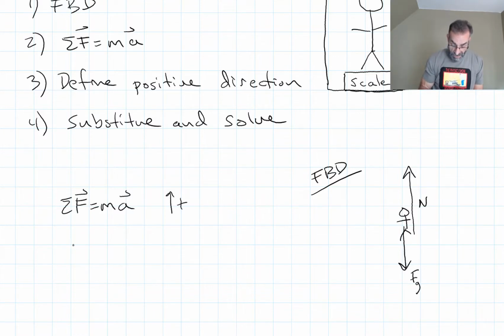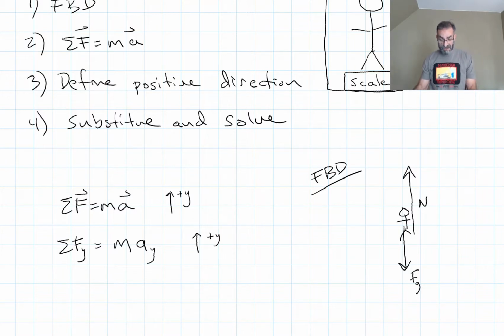We could call this our positive y direction, and I could say sum of the forces in the y direction is equal to my mass times the acceleration in the y direction, and I'm calling up the positive y direction. So I want to be clear as to what my positive direction is.